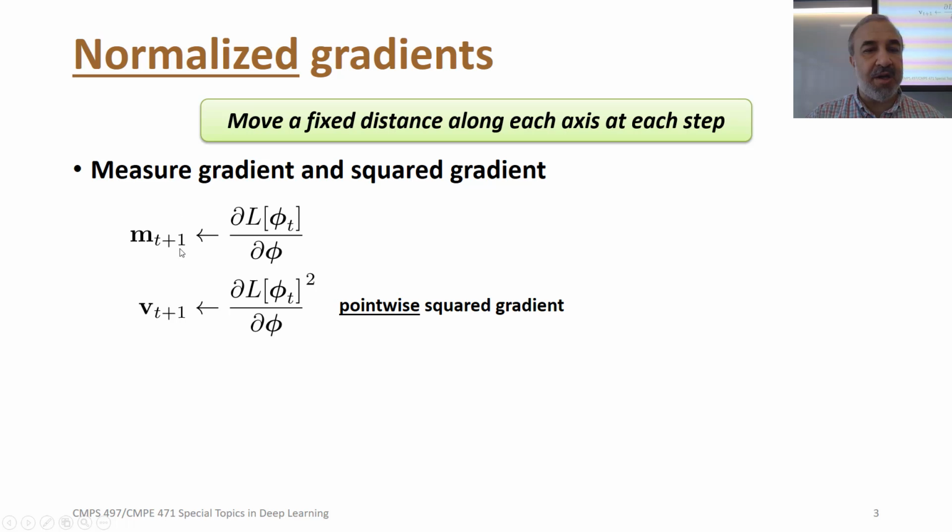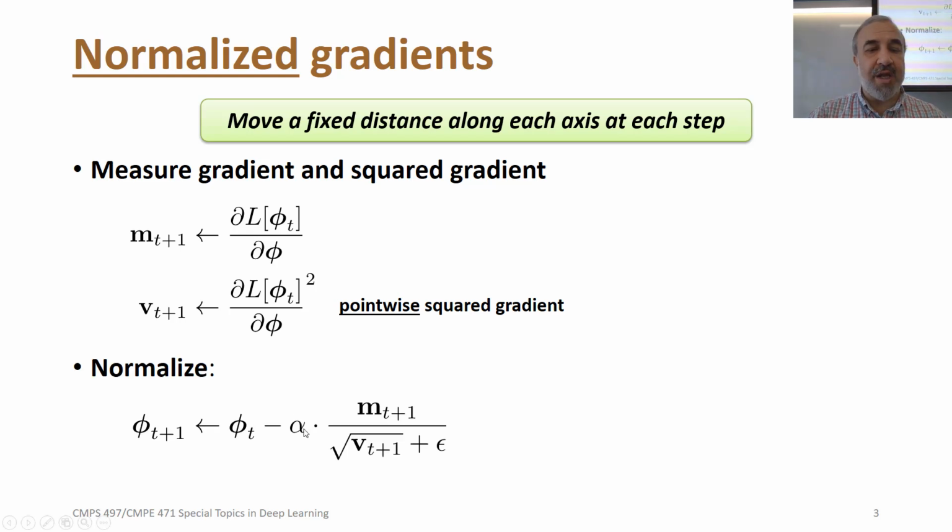We can do that by keeping 2 values. This is the original gradient, m, and this is the square of the gradient, v. We call it pointwise because it's for each parameter. We are not squaring the vector as a matrix. We get another vector, but for every element, every derivative, it's just the square value of it.